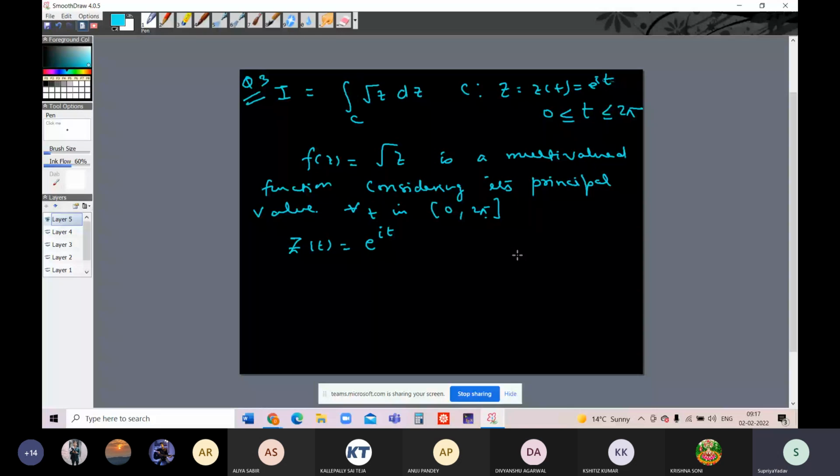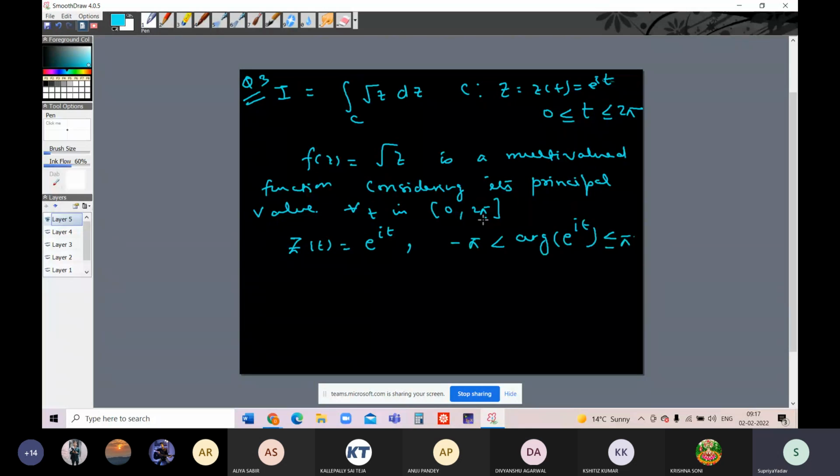We are choosing the argument for this z(t). We are taking its argument to lie from minus pi to pi, because it is a multi-valued function. That's why for this function its argument lies between minus pi to pi.